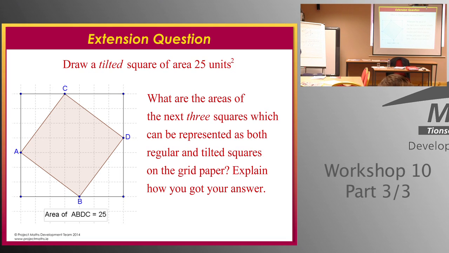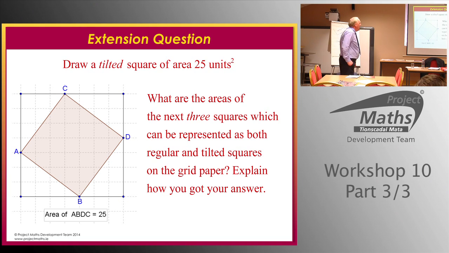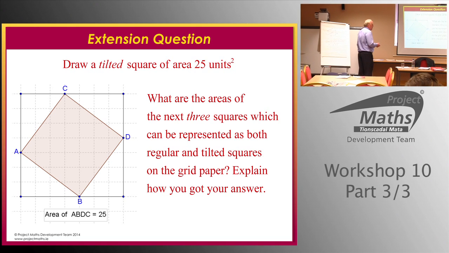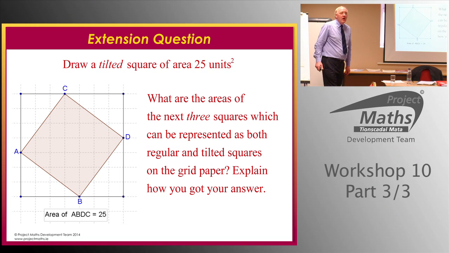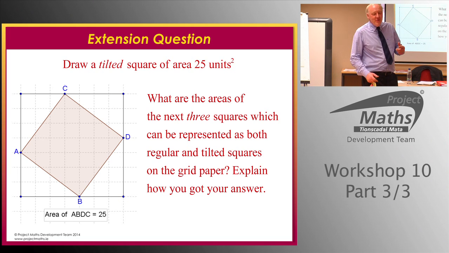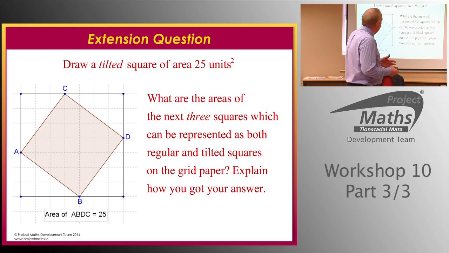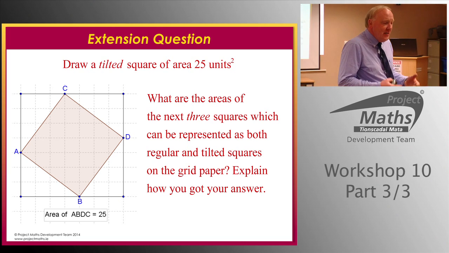Now, here's a nice question to force us to think for a moment again. What are the areas of the next 3 squares which can be represented as both regular and tilted squares on the grid paper? Explain how you got your answer. Now, after 25, the next regular one is 36. Can there be a tilted 36?